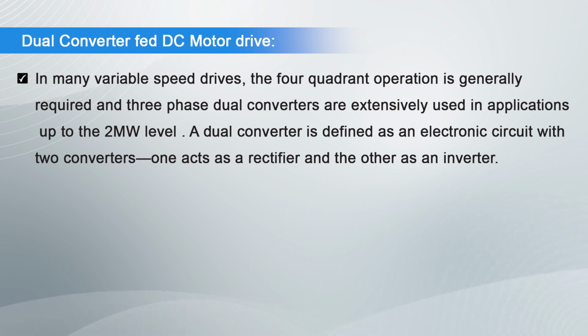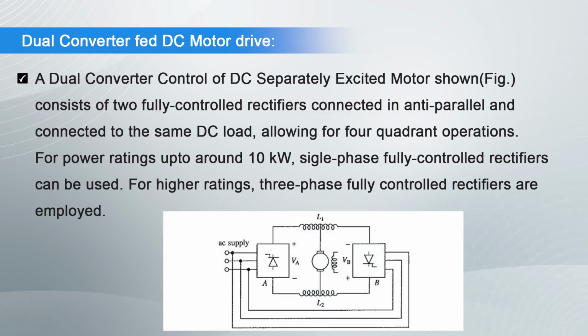A dual converter is defined as an electronic circuit with 2 converters, one as a rectifier and the other as an inverter. A dual converter control of DC separately excited motor is shown in the figure, which consists of 2 fully controlled rectifiers connected in anti-parallel and connected to the same DC load, allowing for 4-quadrant operations.